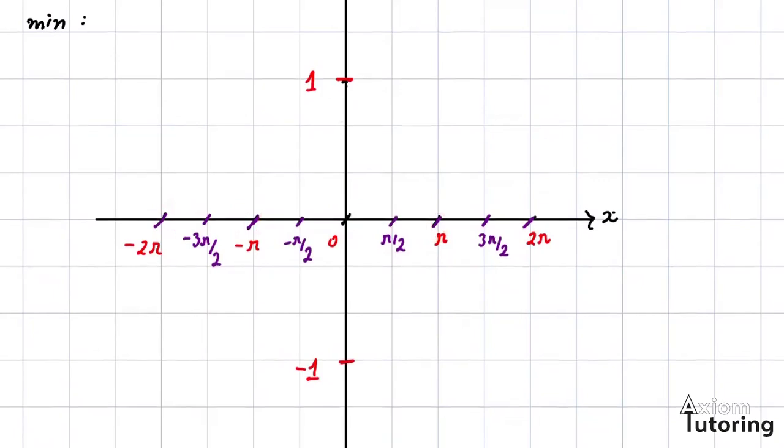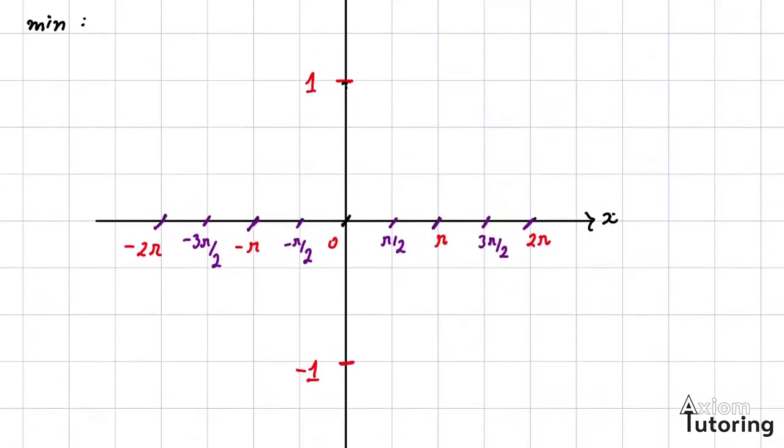So let's try connecting these points. I'm going to start here. It's going to intercept at pi over 2, come down to a minimum value at pi, again crossing the x-axis at 3 pi over 2, and coming back up to 2 pi for its maximum value of 1.